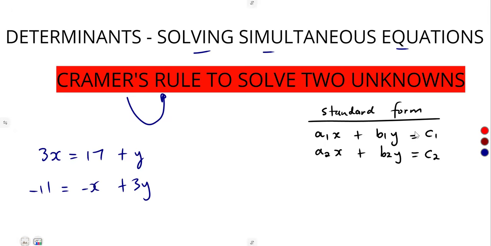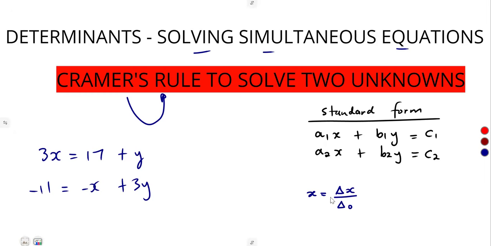So in order for us to solve for x and solve for y, depending on the method, Cramer's rule states that to find x, we are going to use the formula dx over d naught, delta x over delta naught.